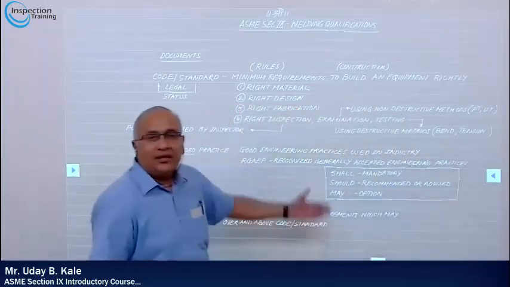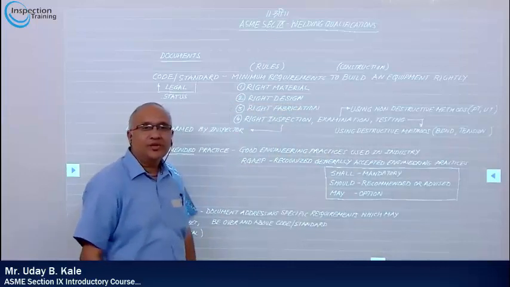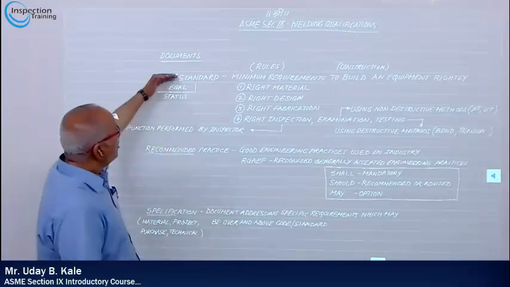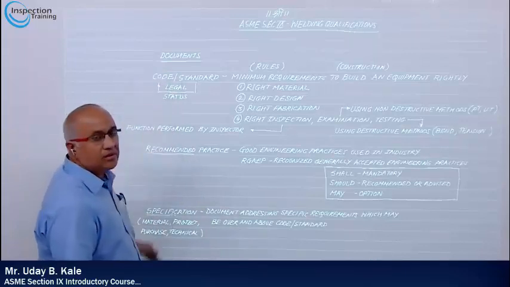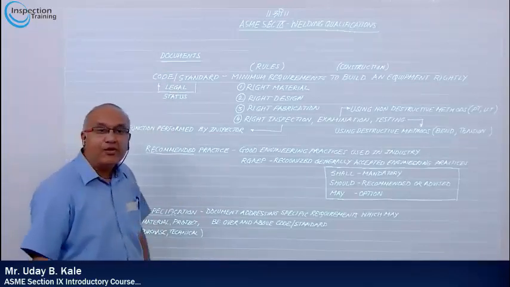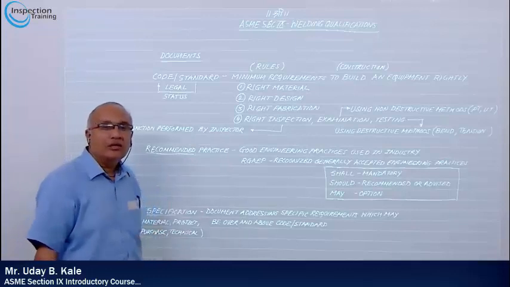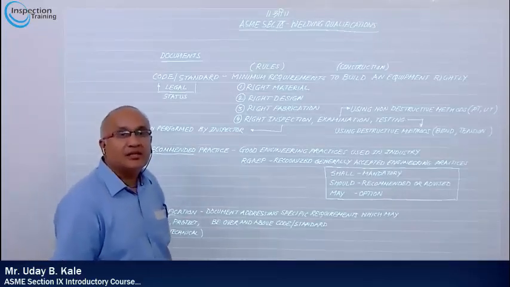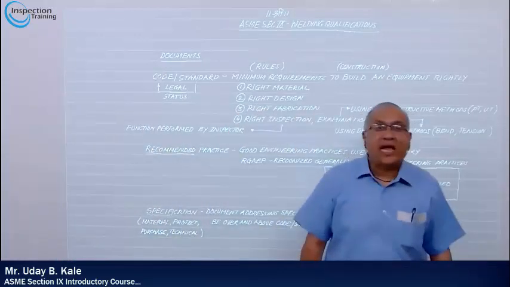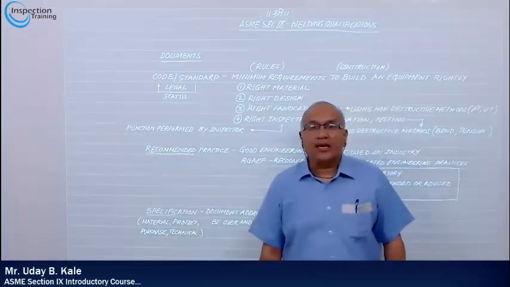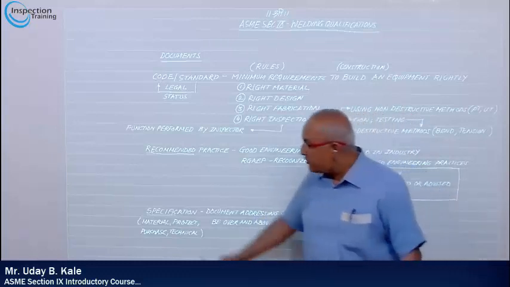I think it is very simple. So these are typical documents that we are talking about. And if you try to define which one takes the priority, then I would say the priority is taken by specification first.